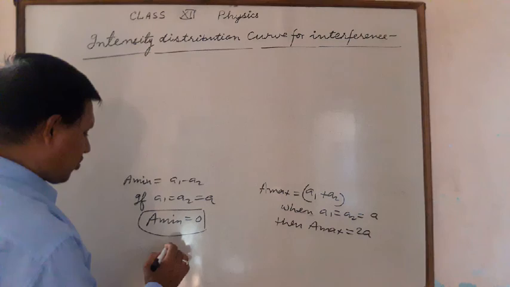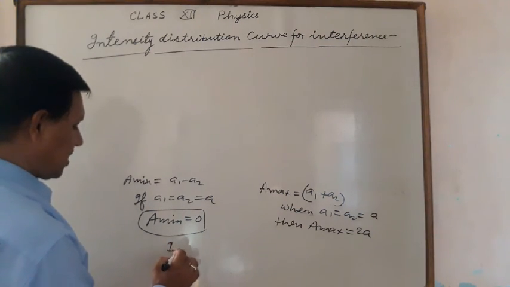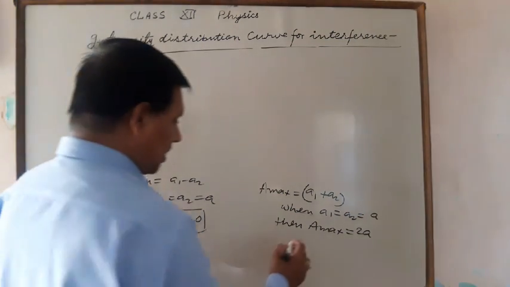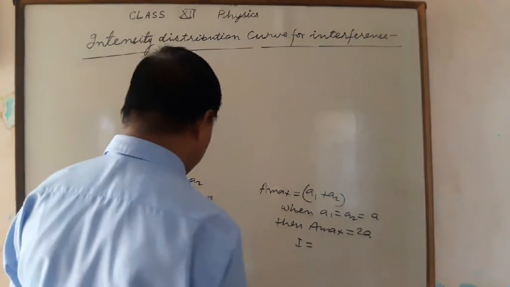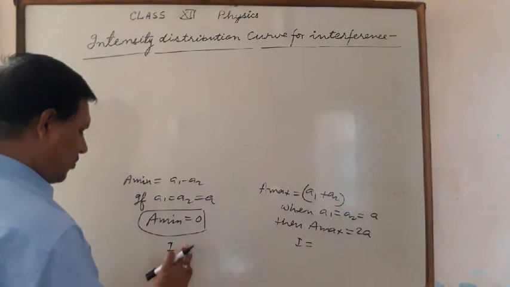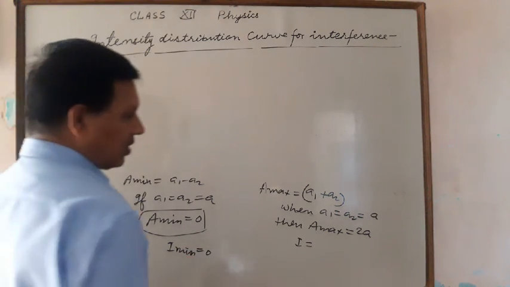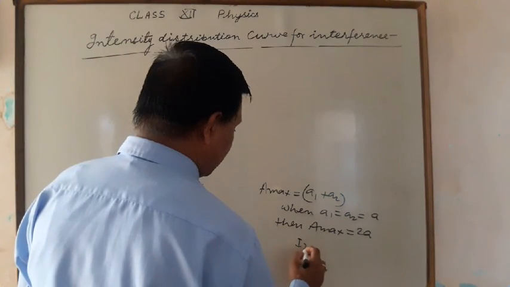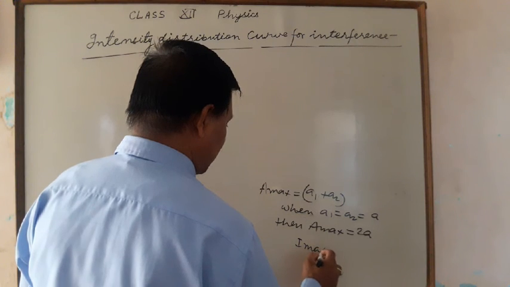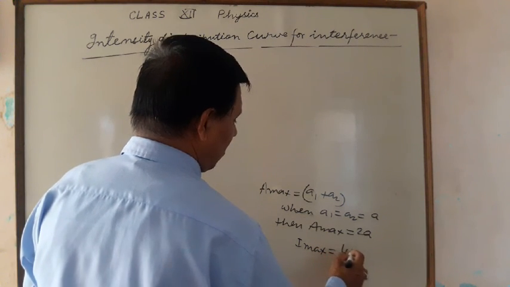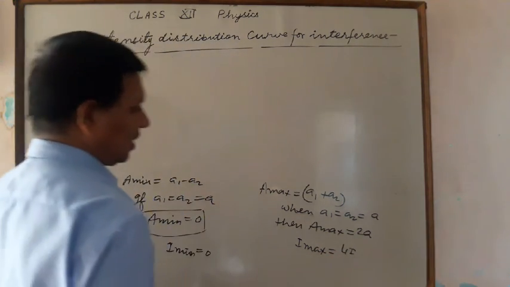So at some points intensity becomes minimum, that is 0, and at some points intensity becomes maximum, that is 4 I naught.